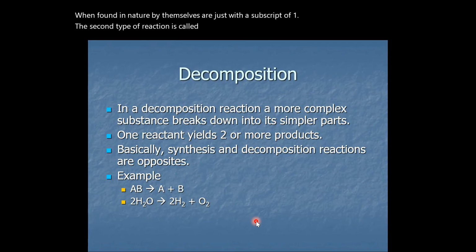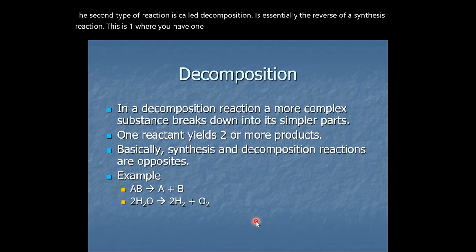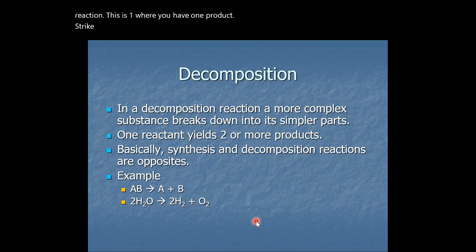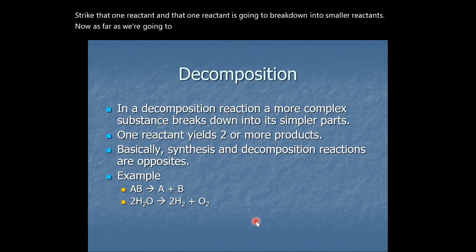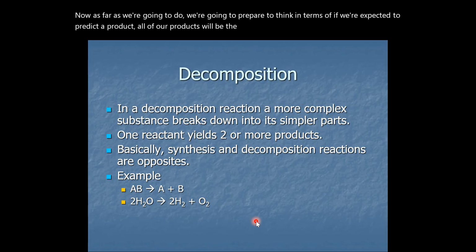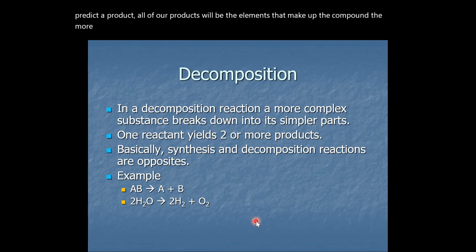The second type of reaction is called decomposition. It is essentially the reverse of a synthesis reaction. This is one where you have one reactant, and that one reactant is going to break down into smaller products. As far as we're going to do, if we're expected to predict products, all of our products will be the elements that make up the more complex starting compound.